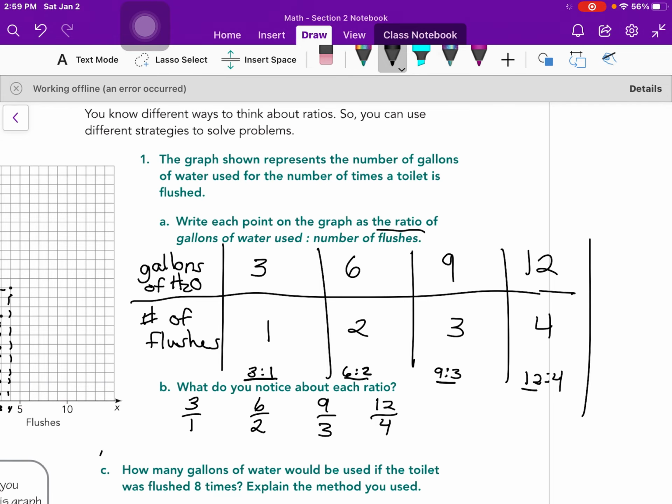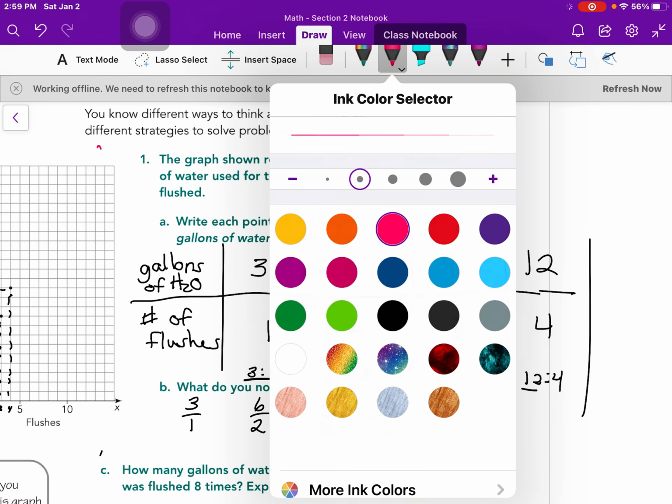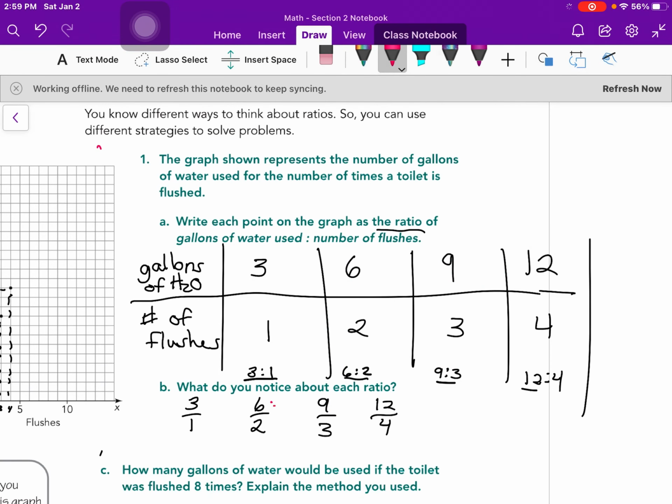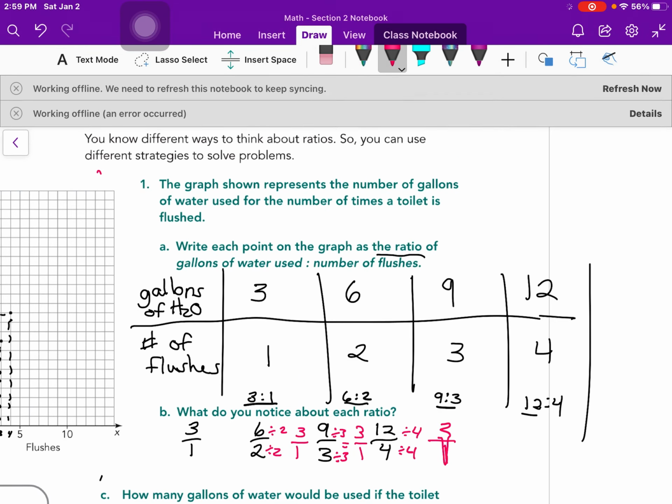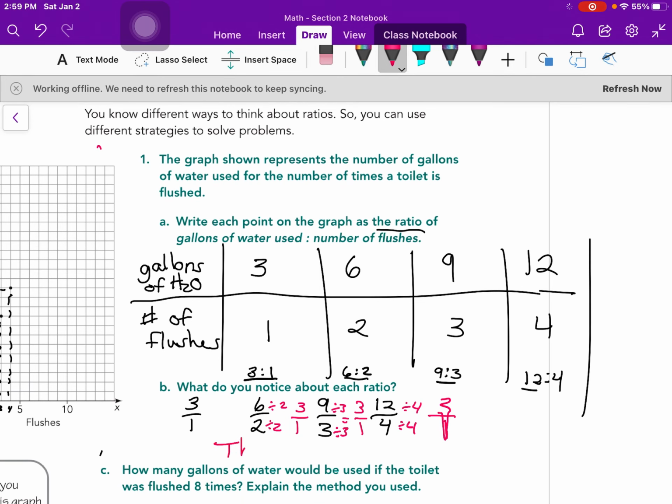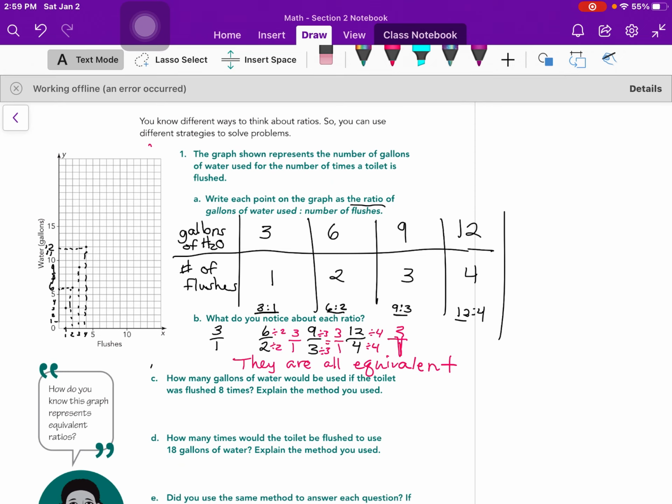Well, I do notice here that if I was to simplify each of these, I would get a 3 to 1 ratio. All right, so they are all equivalent. I can see that right there, that they're all equivalent because they all simplify down to 3 to 1.